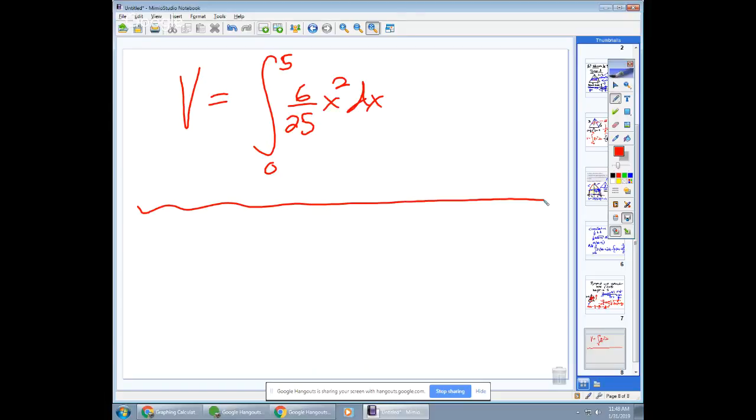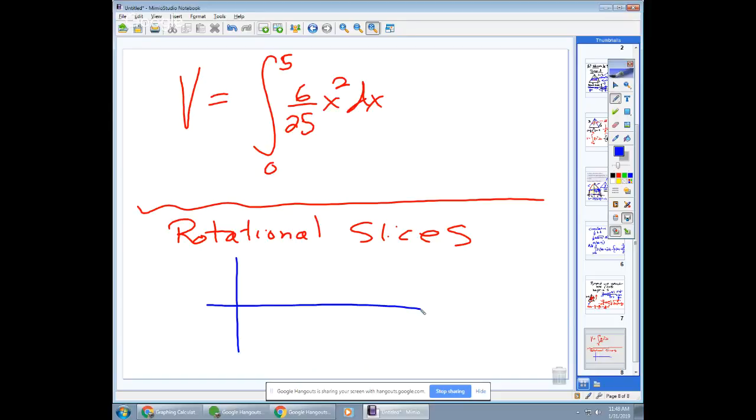So we're going to take the slices a step farther. We're going to do rotational slices. So the way a rotational slice works is you have some profile of your image. So let's say here's my function f of x right there, and I'm going to stop at some value there. Let's call that b.